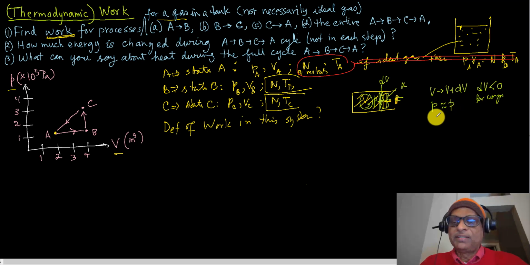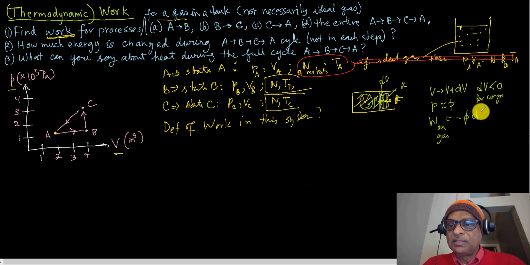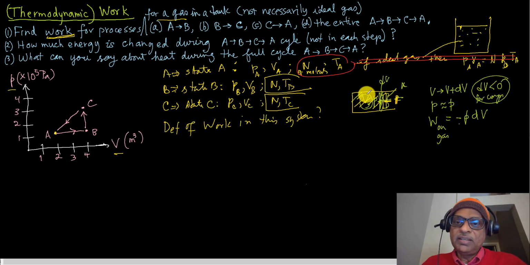Okay, then the work on the gas is defined to be minus P dV. Why minus? Because dV is less than 0, so you have done work, and the energy went up.